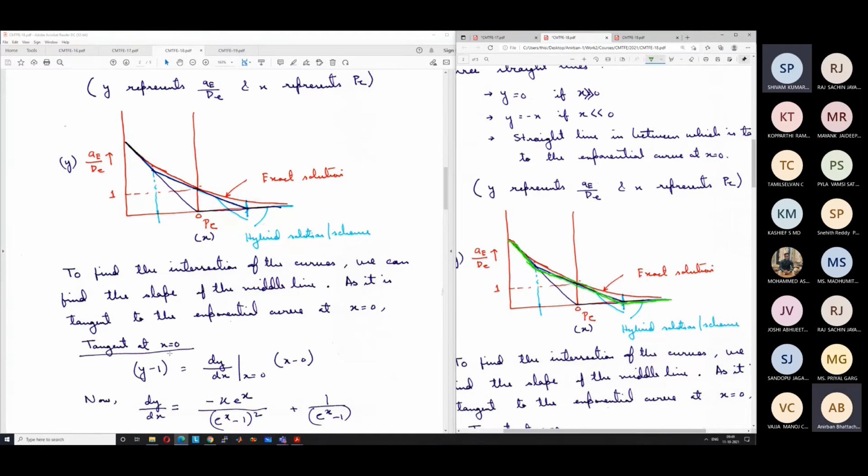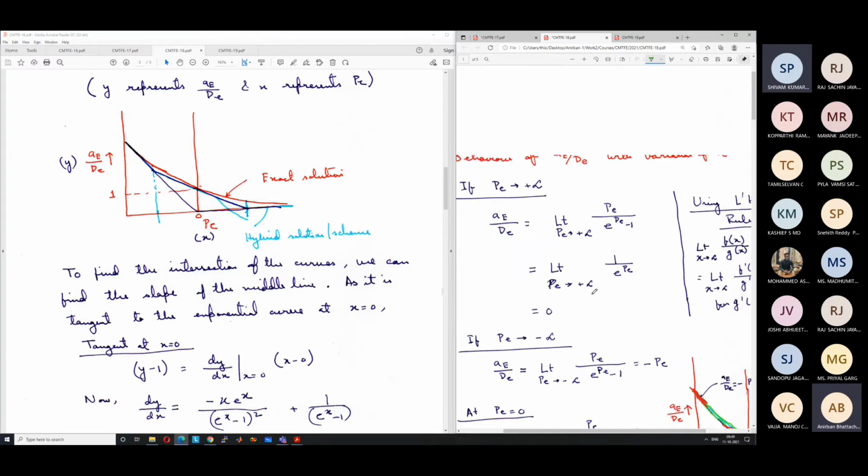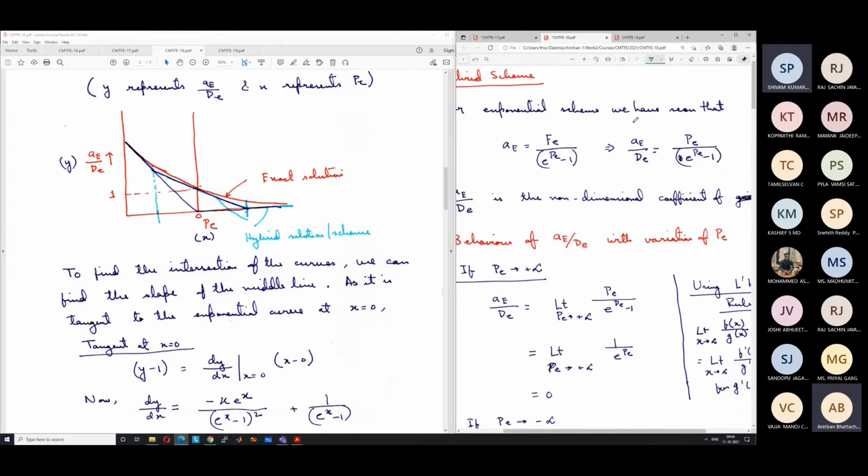So let us try to find the tangent at x equal to 0. Tangent to the actual exponential curve. What was the actual exponential curve? We can write this as y is equal to x by e to the power x minus 1, right?